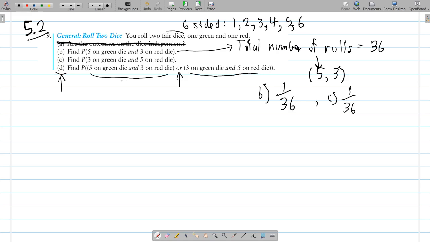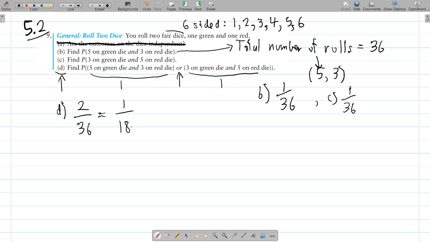Well, there's 1 for this one, and another possibility there. So for D, we get 2 out of 36, which we should simplify, dividing 2 into the top and bottom. We get 1 out of 18 for D.